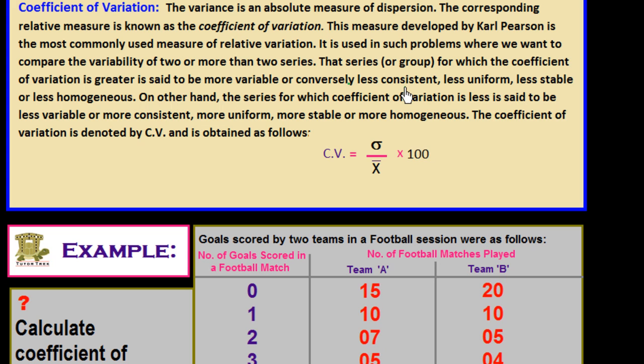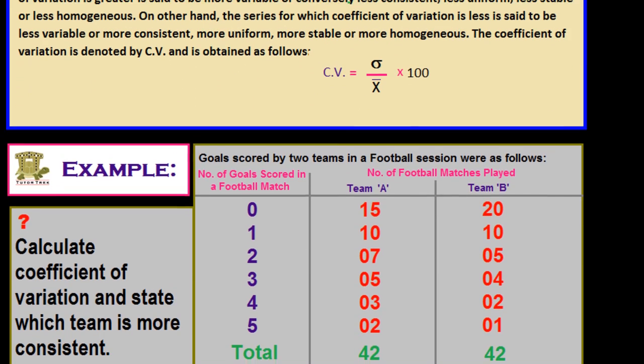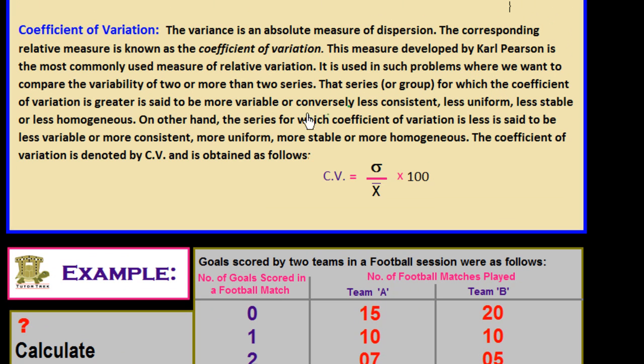The series which has greater coefficient of variation would be less consistent, less uniform, less stable, or less homogeneous. On the other hand, the series for which coefficient of variation is less is said to be less variable or more consistent. So the series whose coefficient of variation is less would be more consistent.